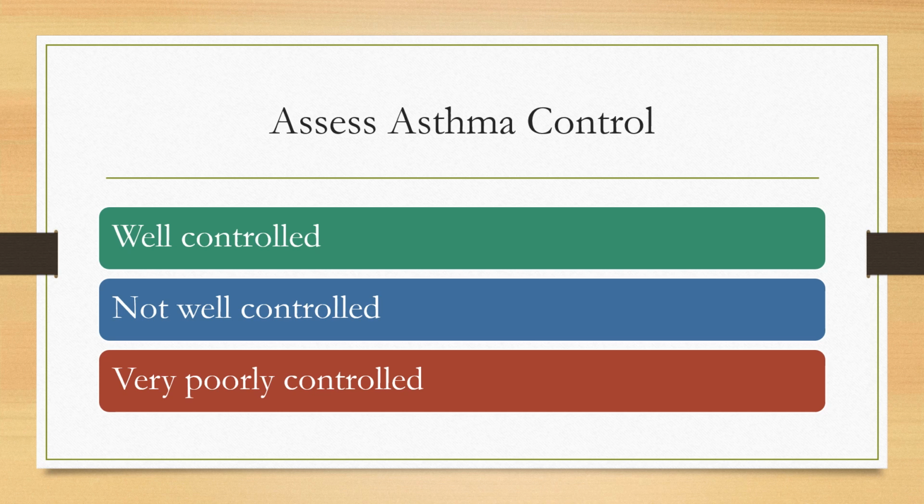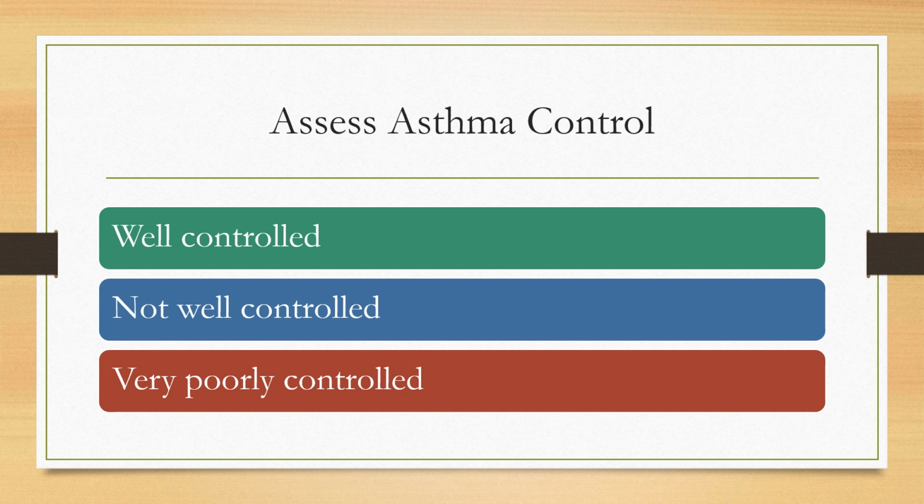So we need to keep people who are in a certain category, say mild persistent or moderate persistent, well controlled. We don't need them to be not well controlled, and we surely don't want them to be very poorly controlled. So no matter what classification you're in, we want you well controlled.